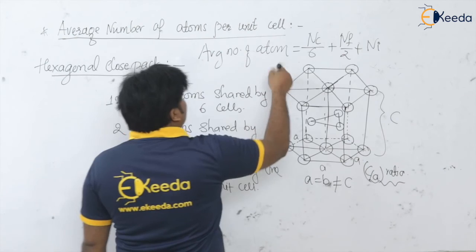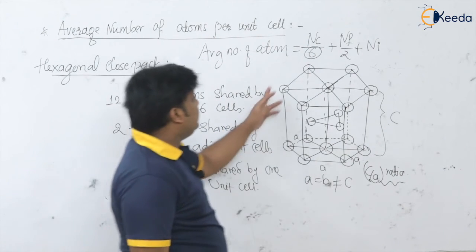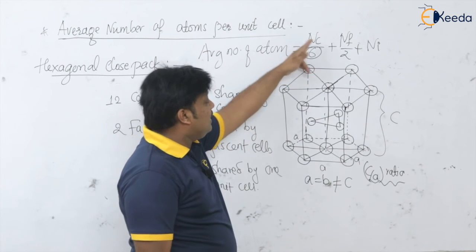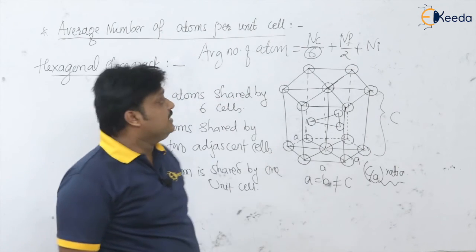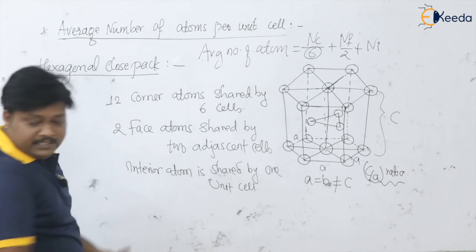Okay, so यहाँ क्यूबिक में क्या था? Instead of 6 there were 8 corner atoms, isn't it? यहाँ पे कितने हैं? 8 सेल ने वो 8 कॉर्नर एटम शेयर किए थे. यहाँ पे 12 कितने जन में शेयर होगा? 6 सेल्स में शेयर होंगे. ओके, सो लेट अस कैलकुलेट.